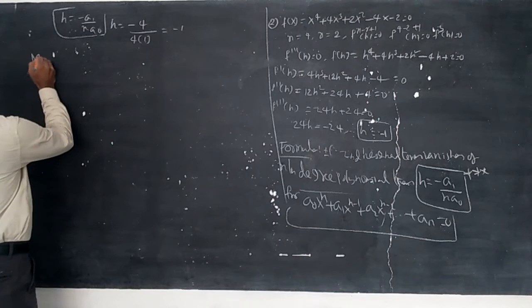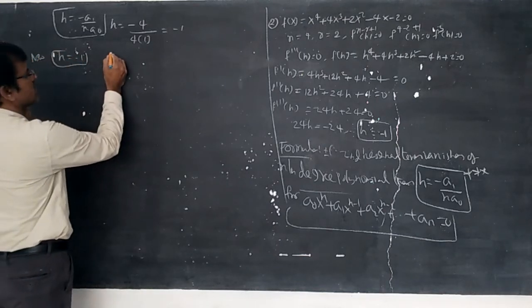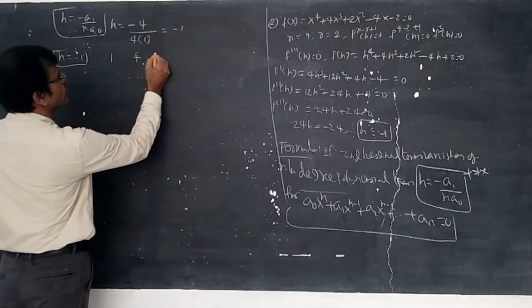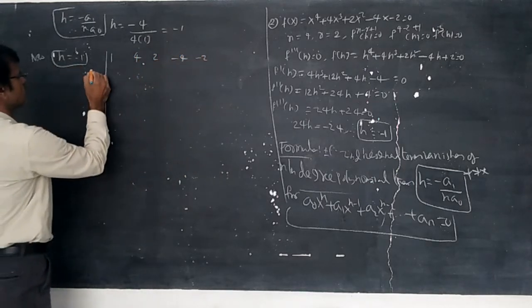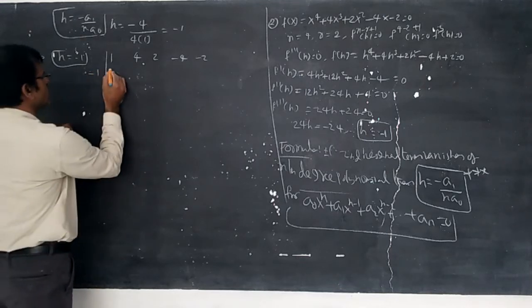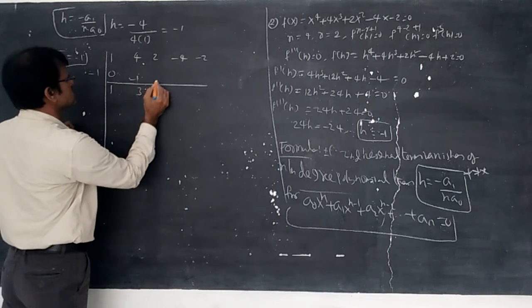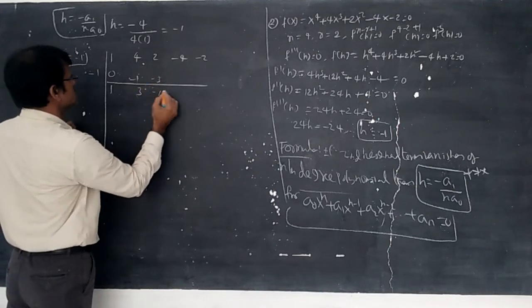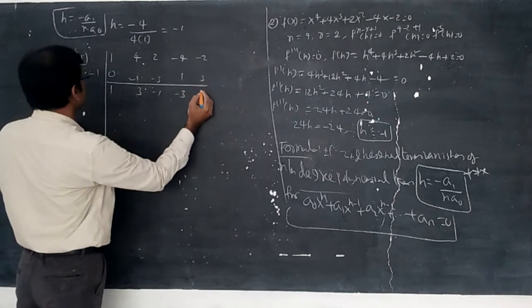Now to get the transformed equation using h equal to minus 1, write the coefficients 1, 4, 2, minus 4, minus 2. Put minus 1 here, don't change the first 1. This is minus 1, this is 3, minus 3, this is minus 1, this is 1, this is minus 3, this is 3.